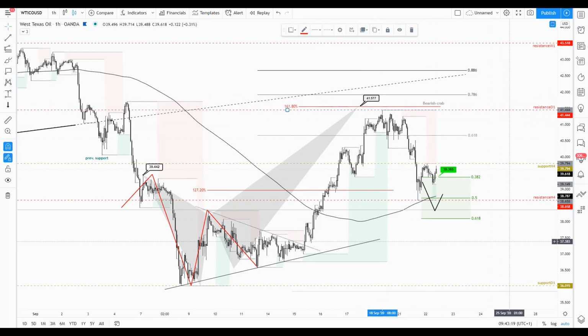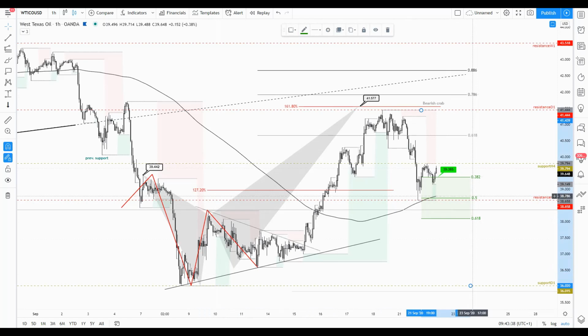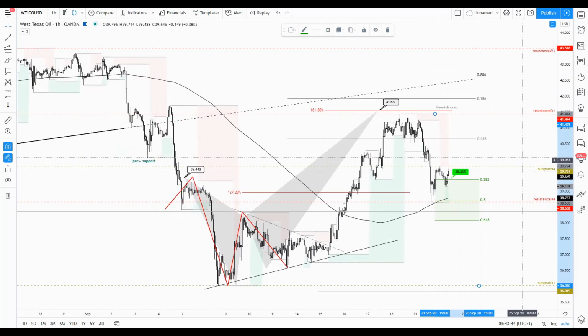So we are trading inside this small range between those fractals. I was expecting the retest of the previous structure high. The market has found support a few points above these highs, at the 50% Fibonacci retracement. So I will not be surprised by more bullish momentum for crude oil.